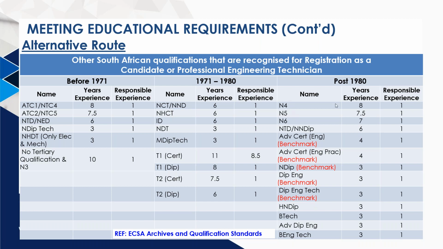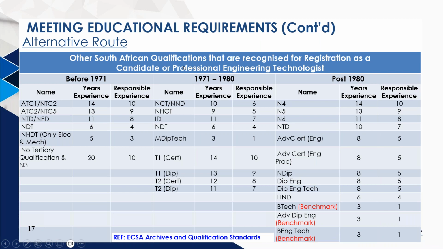So this is just through an alternative route: N5, N6, NTD, which is a diploma. There's advanced certificate as well, and then the list goes down, and the number of years also reduces accordingly. This is solely for an engineering candidate as well as professional engineering technician, through an alternative route.